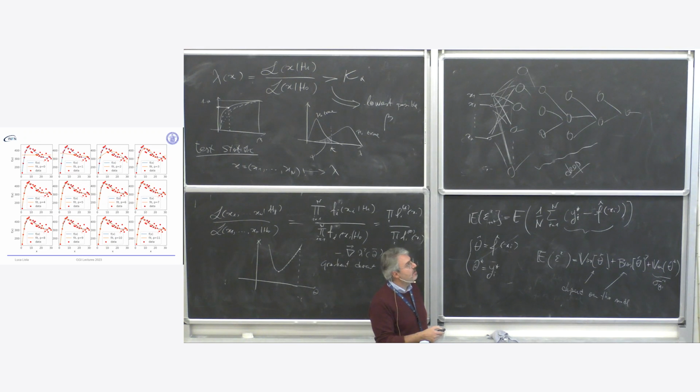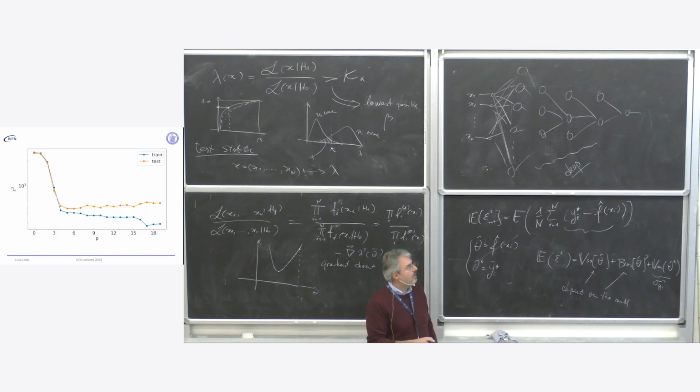So I'm measuring the distance between the red points and the orange curve. And this gets better and better, because the more complexity I add in the model, the more the fit follows the data. So if I look at the trend of this epsilon square on the same model which I'm using for fitting, this gets better and better. So this goes down, you see? And at some point, this may even reach 0.